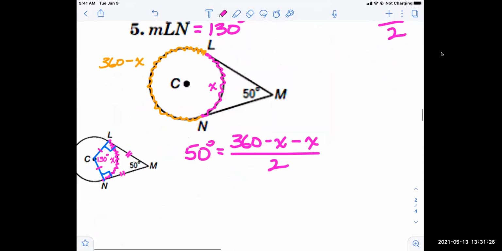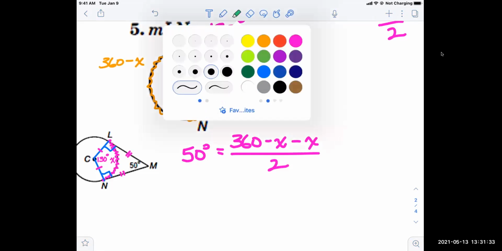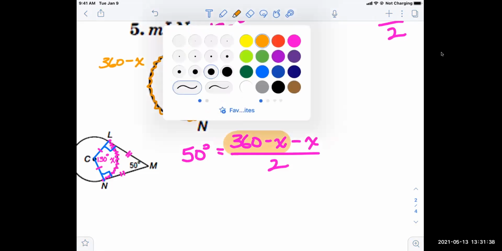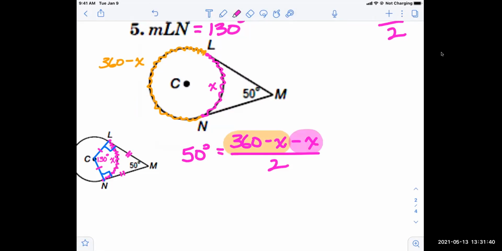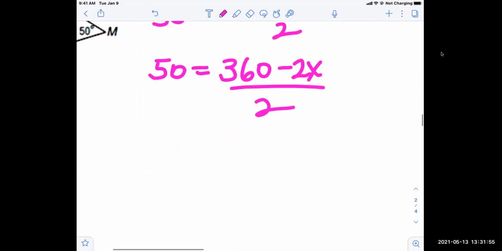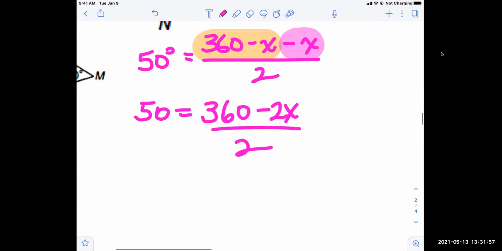Okay, so 360 minus x just means she's using 360 minus x as the first arc, and then she's subtracting off the second arc. So 360 minus x minus x. Okay, so if we simplify that, that would give us 360 minus 2x. Okay, what would you do next? Scott, what do you think?